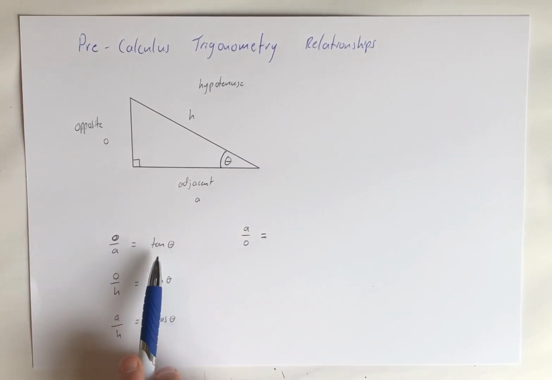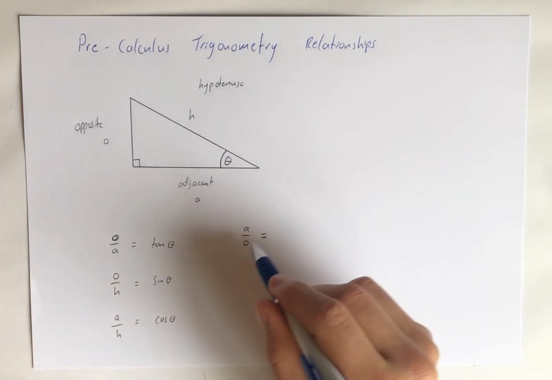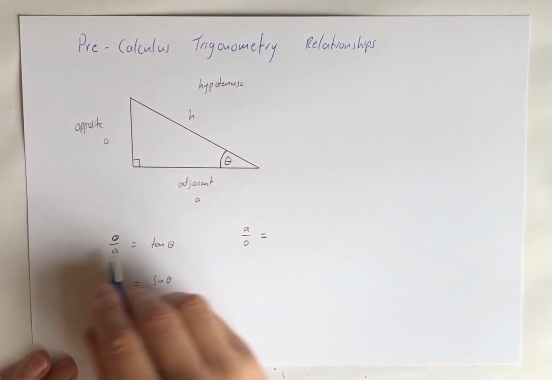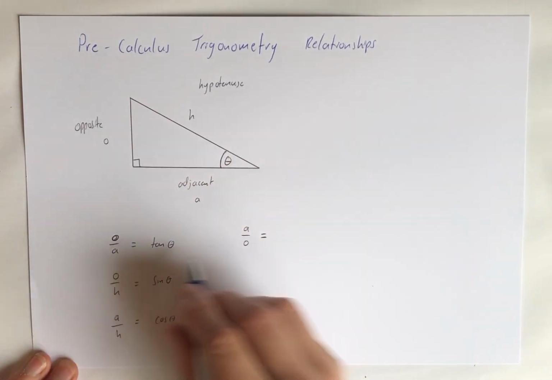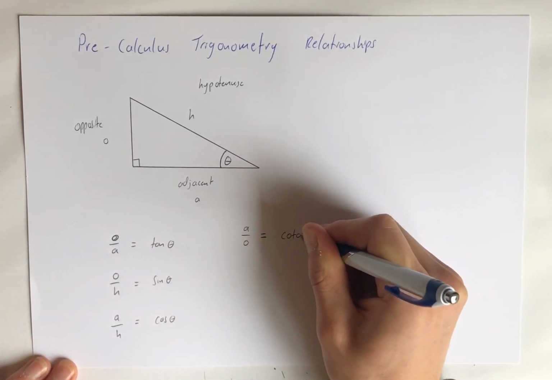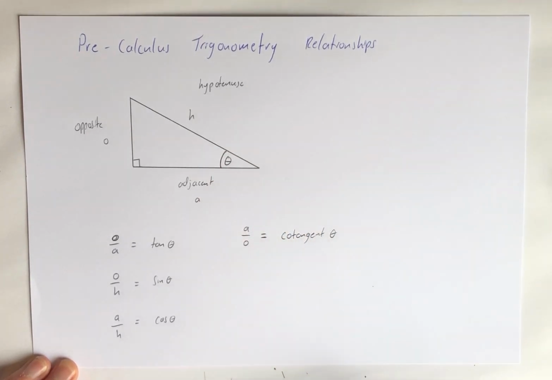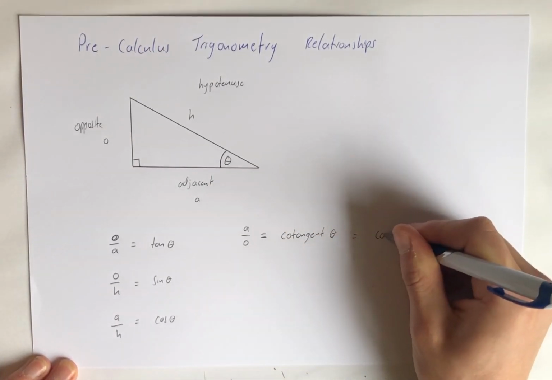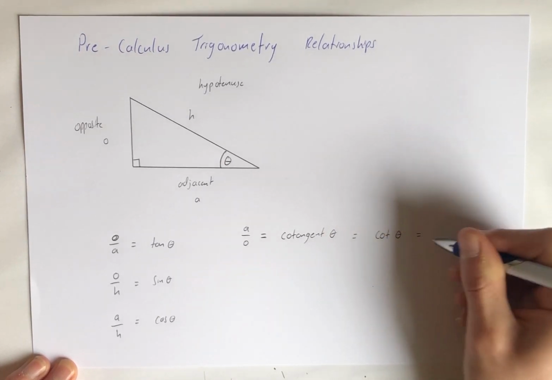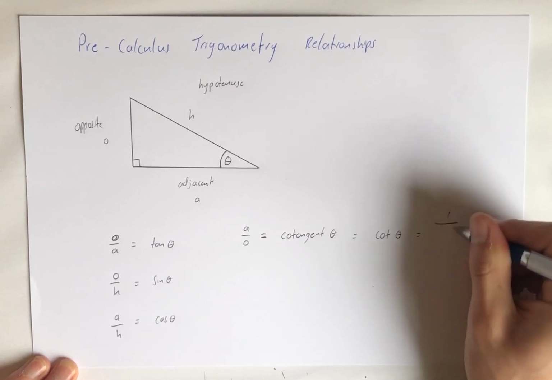So if we had these sides, we would take tan inverse of those sides to get the angle. But what I'm saying is this is the reciprocal. And the reciprocal of tan theta, we call cotangent theta or cot theta, and that is 1 over tan theta.